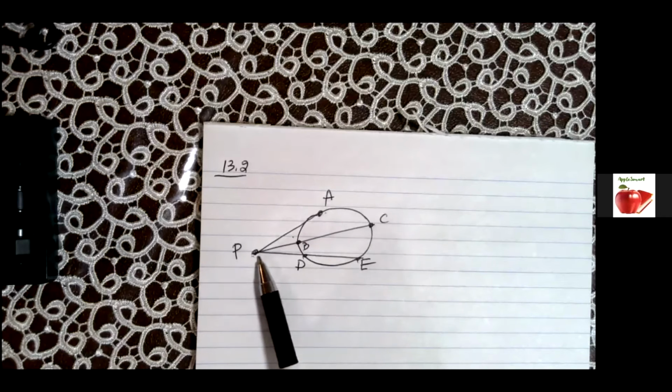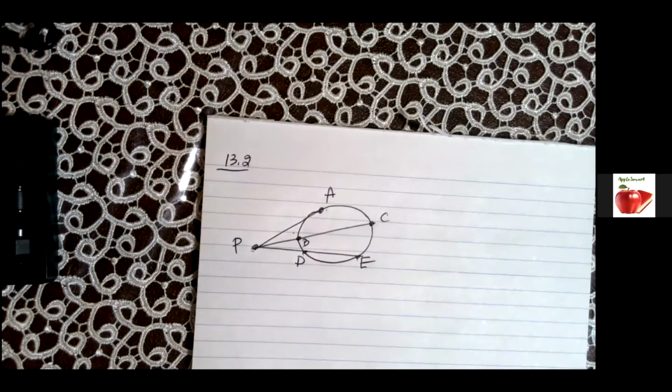Where BC is, or PC is a chord, actually, BC is a chord. Okay, so what do we have here? Point P is outside of the given circle, and A is on the circle such that PA is a tangent.